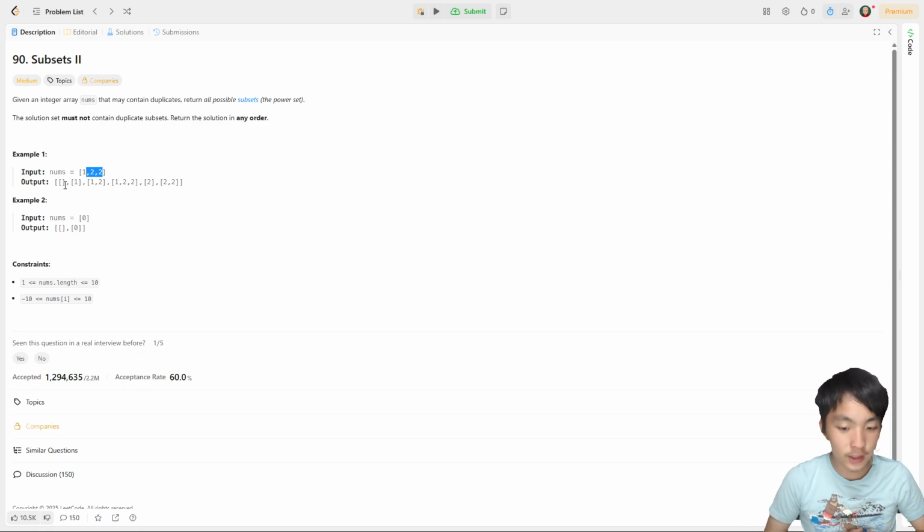So for backtracking using recursion, the space would be O of n, and the time complexity would be about O of n times 2 to the power of n. So it's better than brute force in terms of memory.